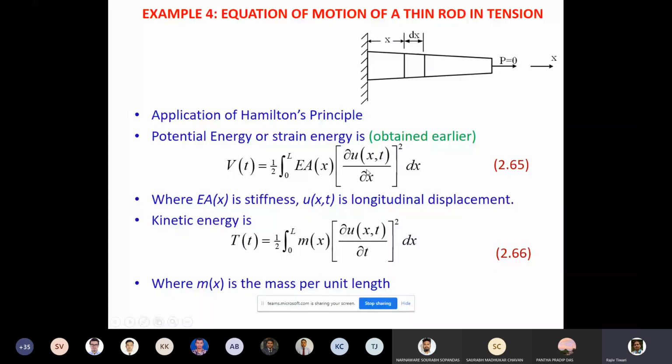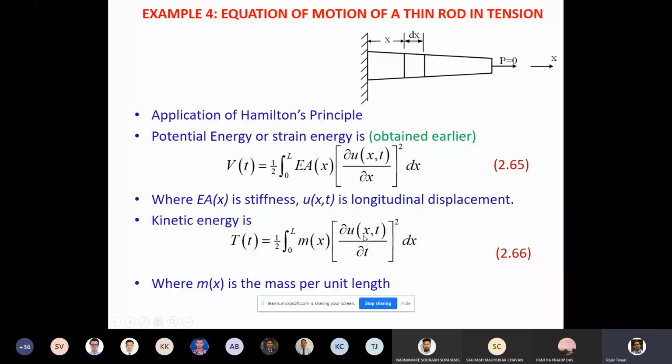Here I'm introducing a new energy, the kinetic energy, which is nothing but half the mass of the element times its velocity squared. Here u is the axial displacement, which is a function of both x and time. You can expect that the displacement or velocity of a point along the length will be different, so u is a function of x and t.